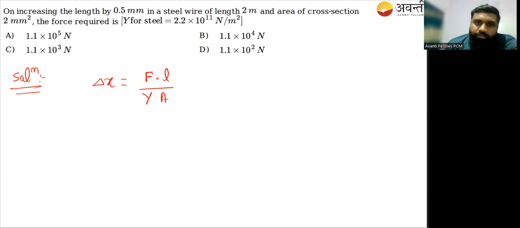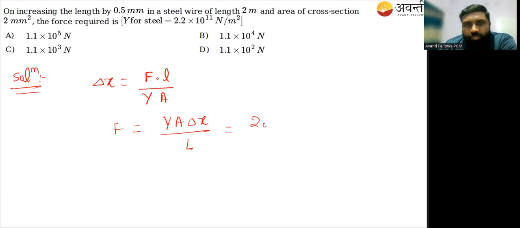Now you need to calculate the force here. So force will be Y A delta L divided by L. Y is given to us, 2.2 into 10 raised to the power 11. Area is 2 mm square. Now you need to convert it into meter. So 2 into 10 raised to the power minus 6, multiplied by delta L, which is also in mm, so need to convert it into meter also, minus 3, divided by L. L is 2 meter.